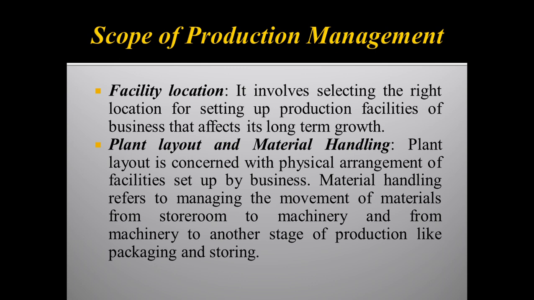It can be defined as those facilities which either directly or indirectly help in production of goods. So how those facilities can be and where those facilities should be present is what facility location talks about. It involves selecting the right location for setting up production facilities of business that affects its long-term growth.